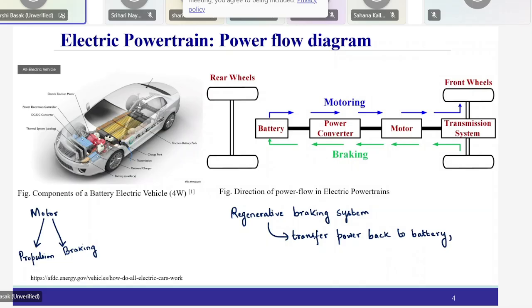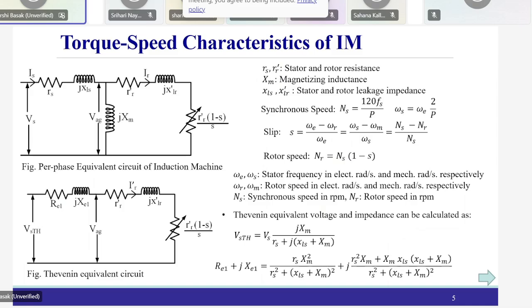Okay. So now, these are the basic overall application areas where the induction motor is used. Now, when we talk about the control techniques, first of all, we need to develop a mathematical model, an analytical model of the system, such that we can apply our control techniques to it. So before going to the control technique, first of all, we will try to recapitulate the induction machine characteristics.